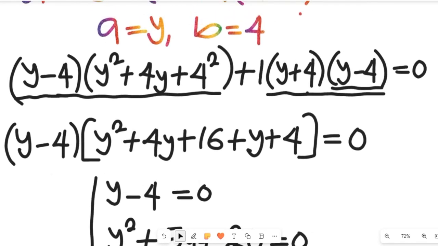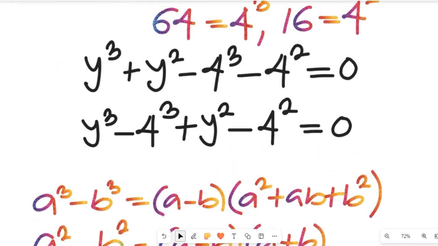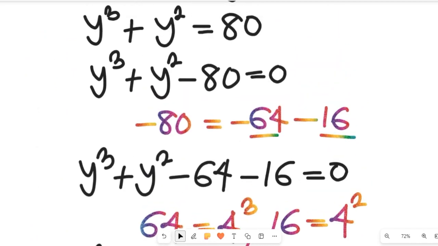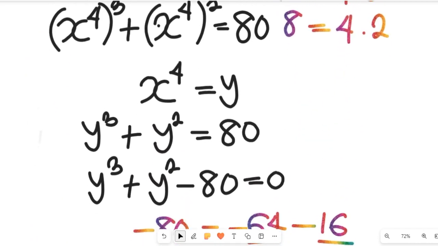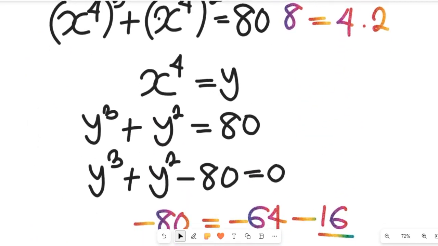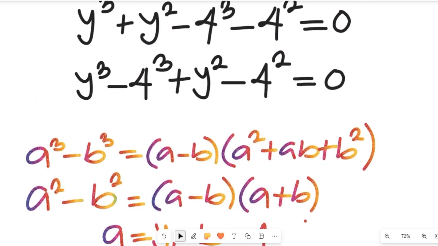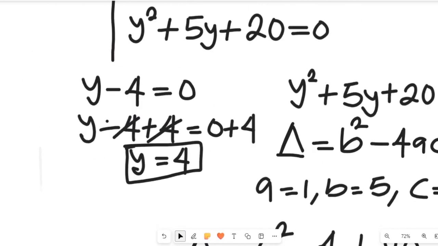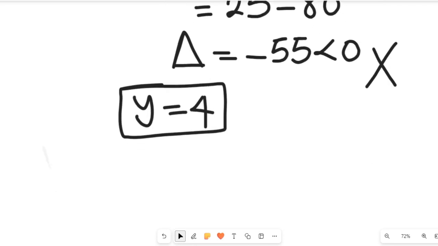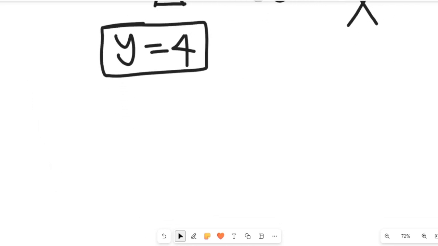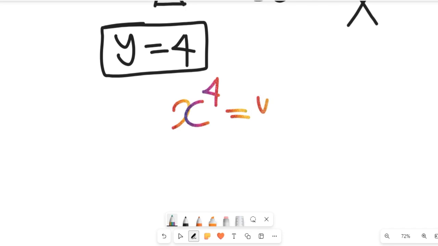So if y equal to 4 is the only real solution to that polynomial expression, the next thing we'll do is to substitute the value of y equal to 4 into that original expression. Recall we say x to the power of 4 is equal to y. So let's substitute the value of y into that original equation. X to the power of 4 equal to y.